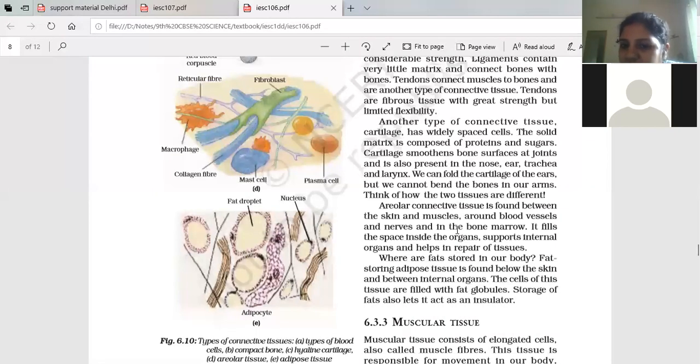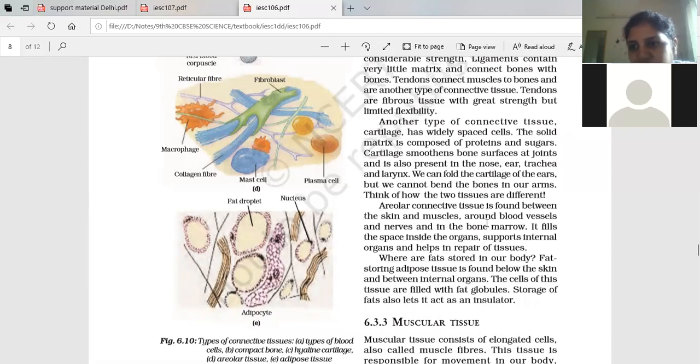The internal space of the organs is filled up by these areolar tissues. They are present between the skin and muscle. There is a space, and that space is filled by areolar tissues. Again, around the blood vessels some supportive tissue is needed, and that is again areolar tissue. Also around nerves and in the bone marrow.